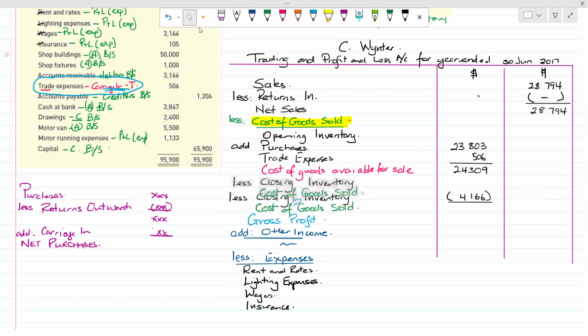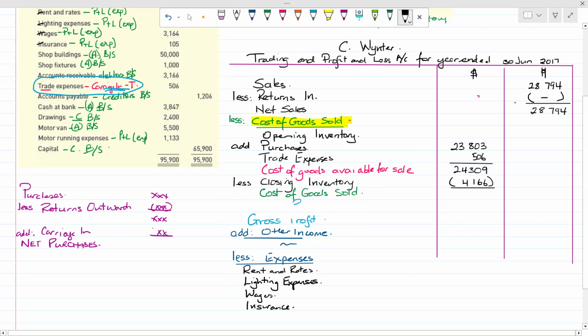Now I can move up my less closing inventory. Okay, subtract that now and see what we get. 24,309 minus 4166. So this works out to be, remember, always remember that you had to subtract this figure from your sales, right?